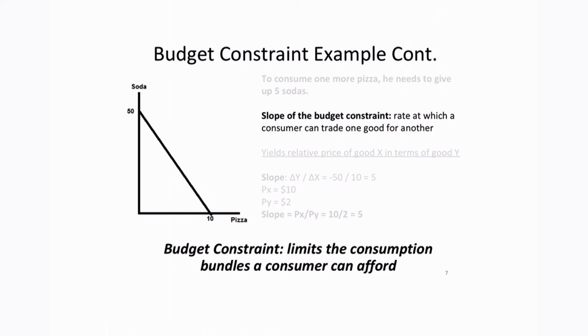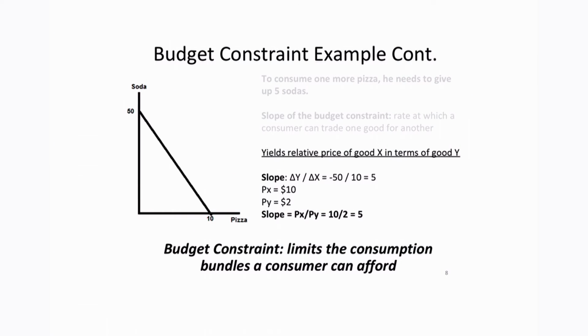The slope of the budget constraint gives us the rate at which the consumer can trade one good, soda, for the other good, pizza. It gives us specifically the relative price of good X, the good on the X-axis, in terms of good Y, the good on the Y-axis.